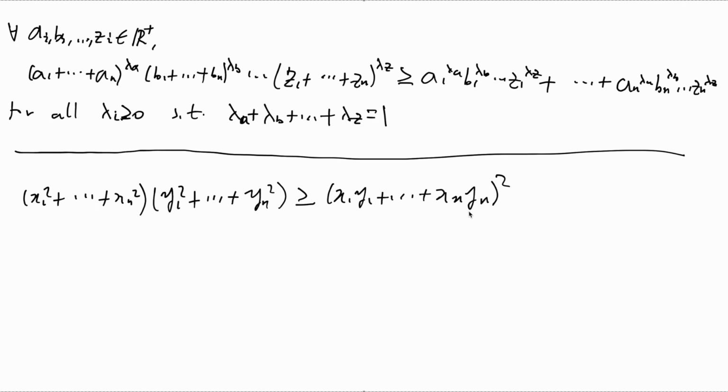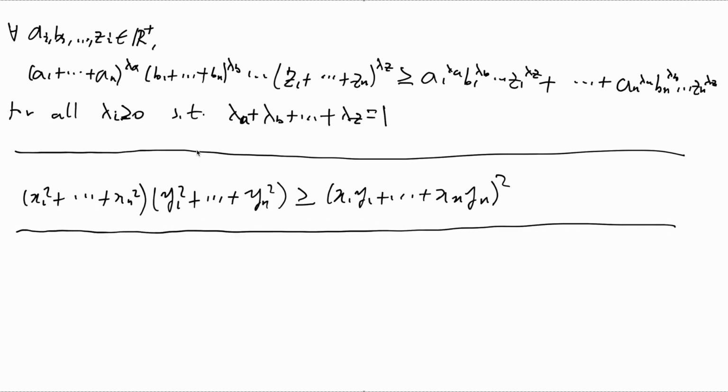Yes. So this is the Cauchy-Schwarz inequality, and we want to derive our second inequality from the first one. Notice that the first one and the second one would just be the same if the second one has two blocks.